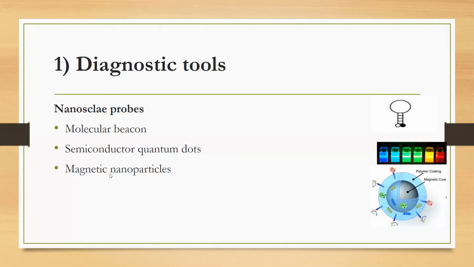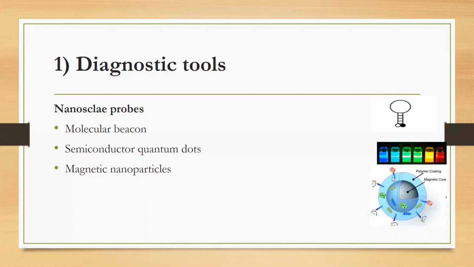Then another type of nanoscale probes that could be used as diagnostic tools in order to detect the cardiovascular diseases are called magnetic nanoparticles. We have discussed the magnetic nanoparticles a number of times, and you are well aware of their properties. Magnetic nanoparticles are those nanoparticles that have a magnetic effect, right?